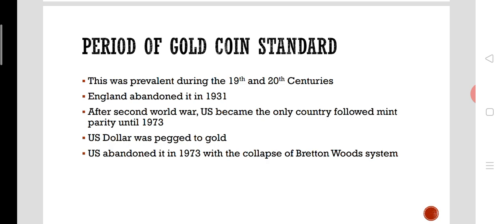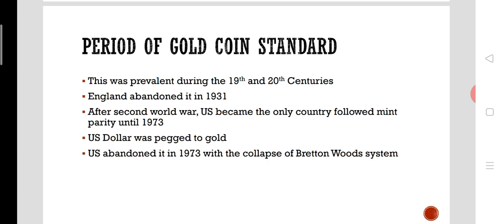England was a major nation that adopted this gold standard system but abandoned it in 1931, and after the Second World War, the United States became the only country that followed the gold standard system, or the mint parity based exchange rate system, until 1973, when it later entered the flexible exchange rate system with the collapse of the Bretton Woods system.